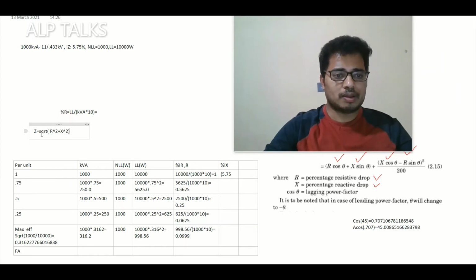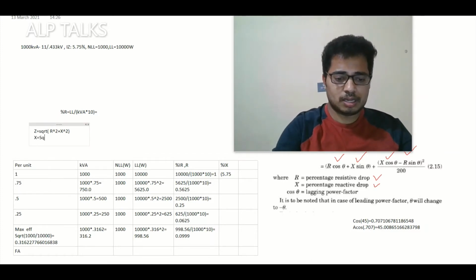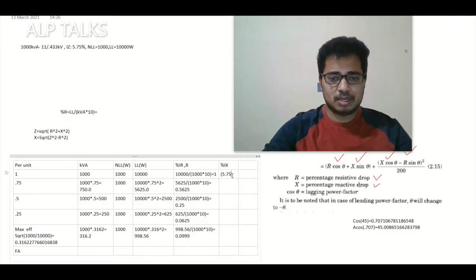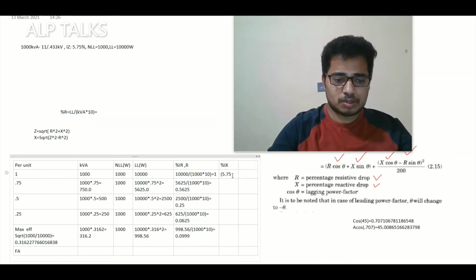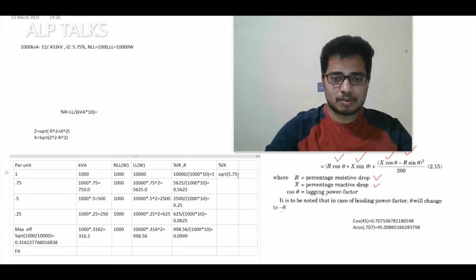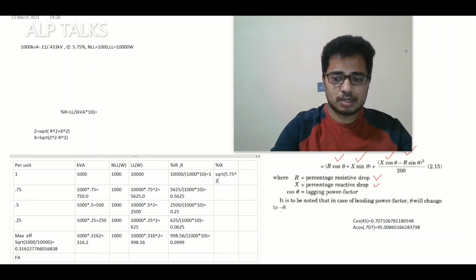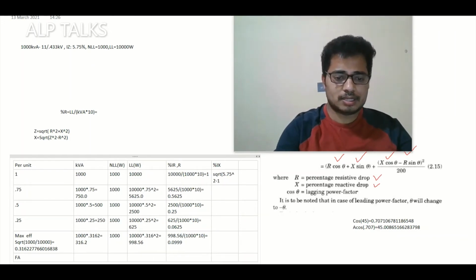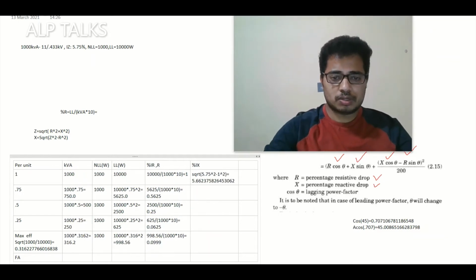Now we are going to calculate the reactance. The reactance is the square root of Z square minus R square, because this is a complex summation. So the square root of 5.75 whole square minus, in this case the resistance is 1, so 1 square. Here we got 5.66, which is the reactance percentage.